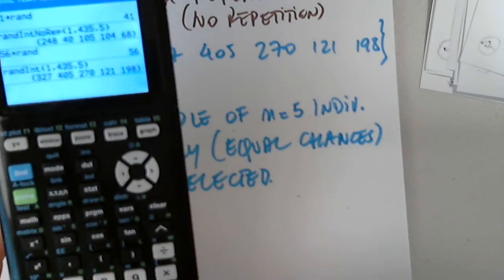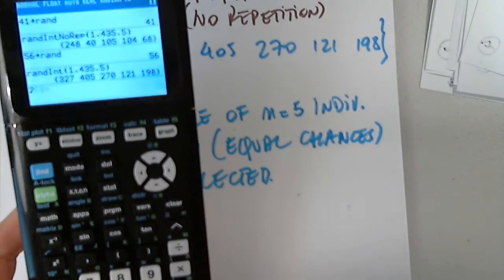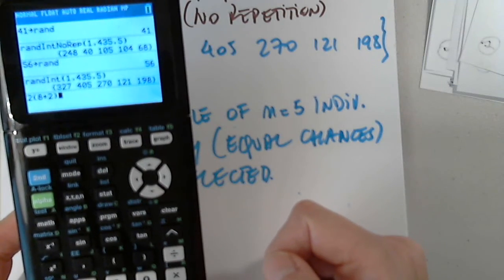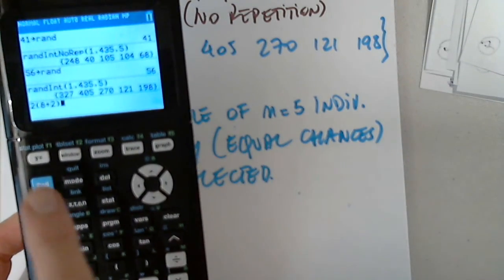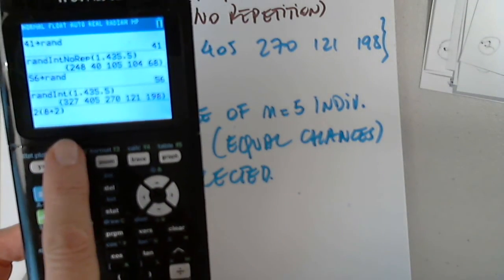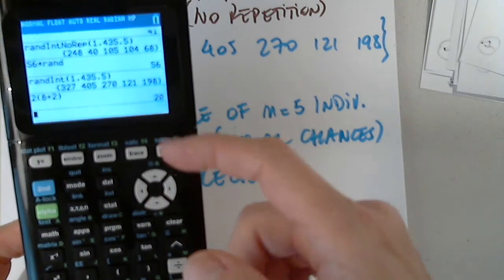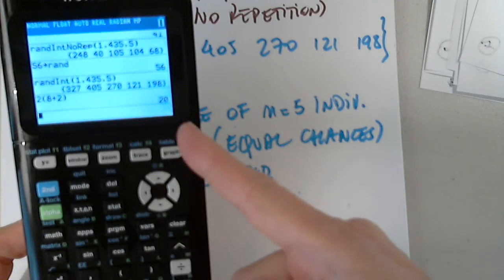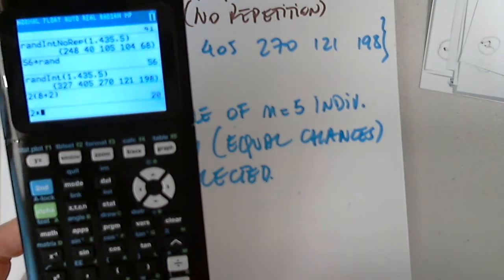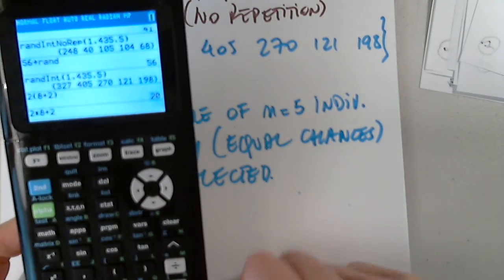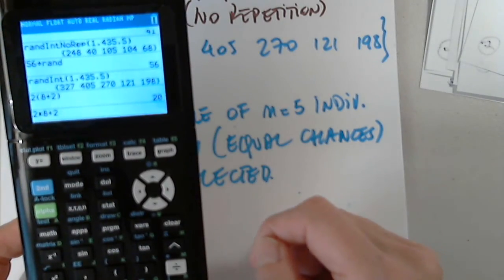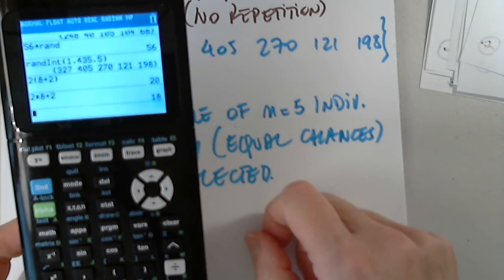So for example, it's like 2 parentheses 8 plus 2, right? So what I want the calculator to do is 8 plus 2 first and then multiply by 2. So 10 times 2 is 20, but if I omit parentheses and just write this, and I did not use the correct syntax, I'm not going to get 20.